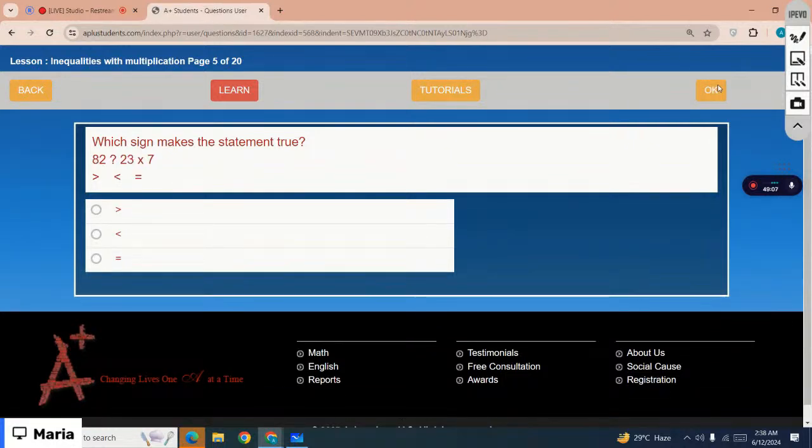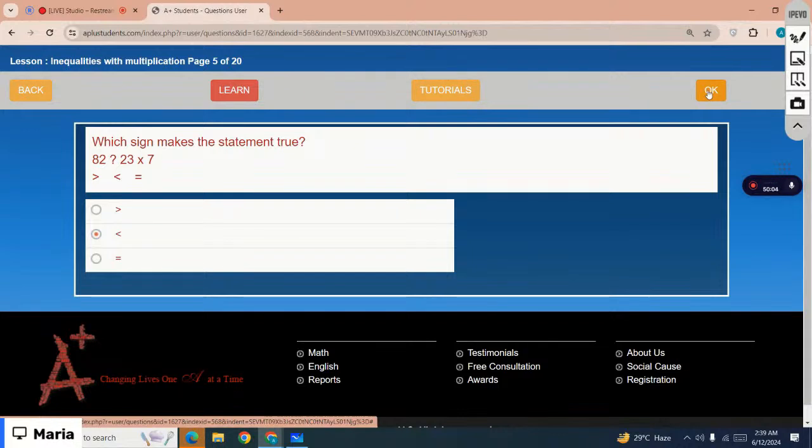Which sign makes the statement true? 82 and 23 times 7. 82 is less than 23 times 7, right?